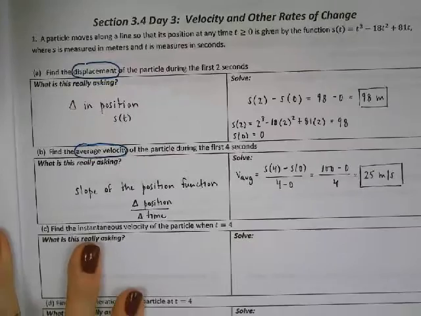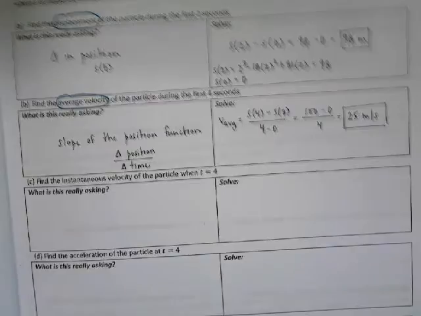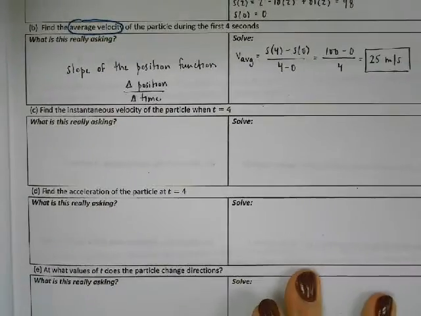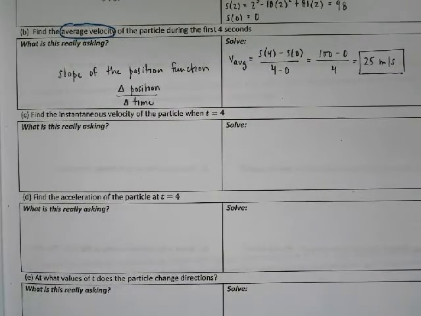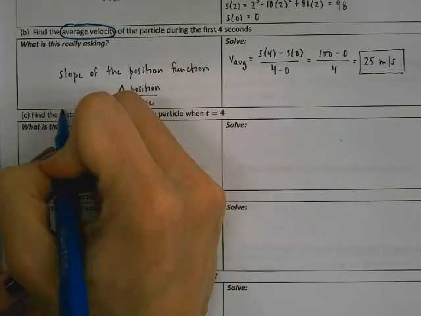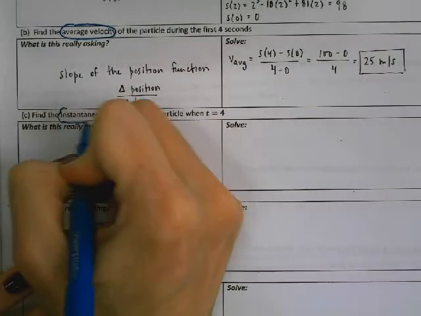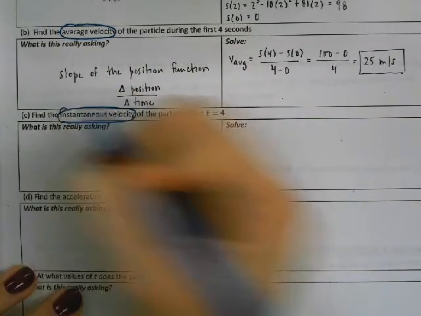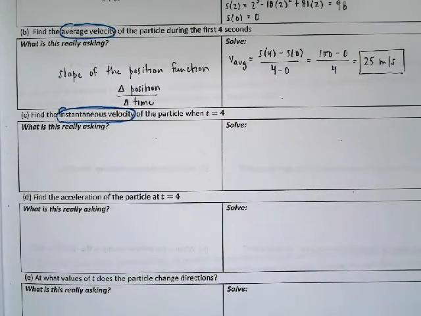Now we get into the part where we're going to start using our derivatives. When I see instantaneous velocity, which we talked about a little bit in class today, I should be thinking derivative.